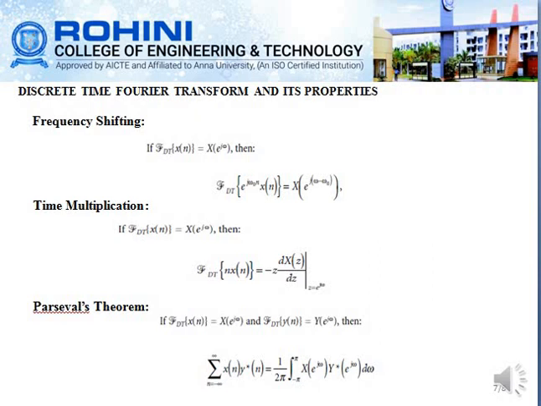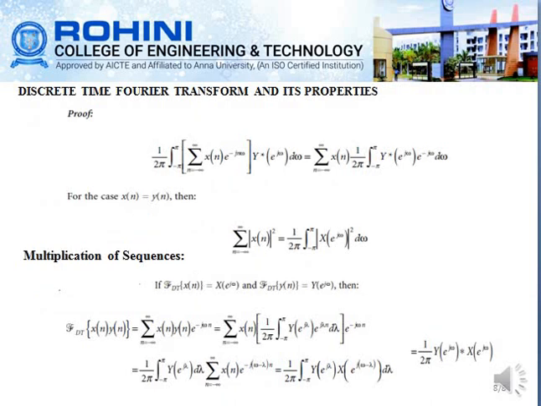Parseval's theorem. x of n convolution y conjugate of n is equal to 1 by 2 pi integral minus pi to pi X of e power j omega into Y conjugate of e power j omega d omega.